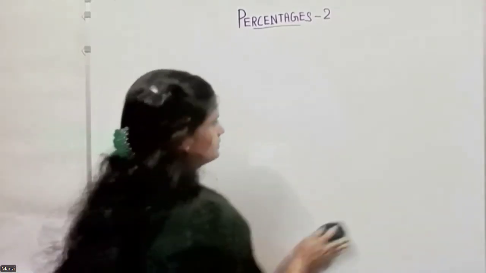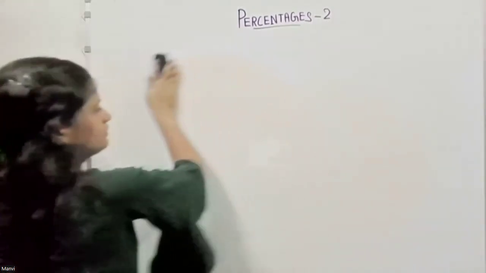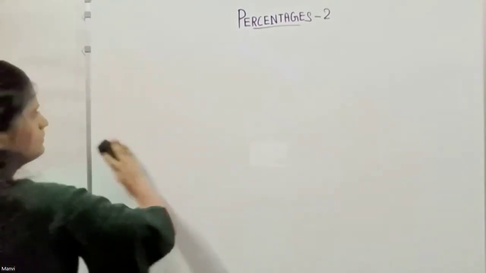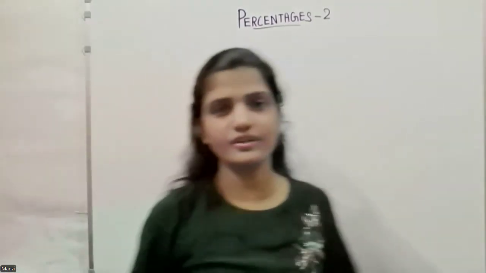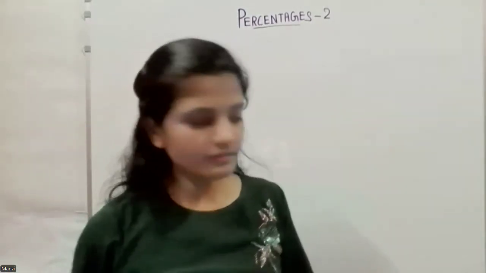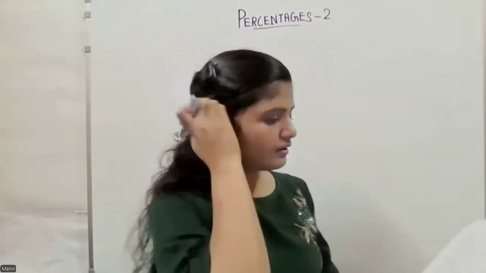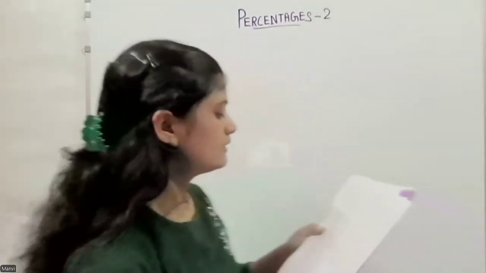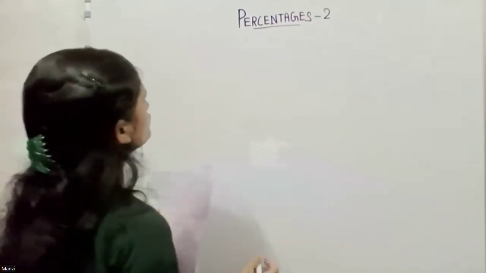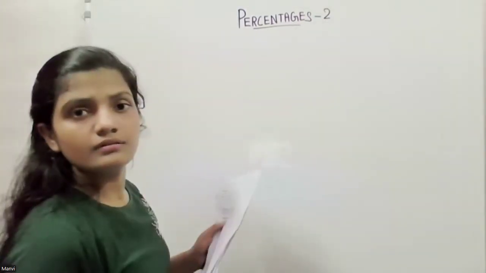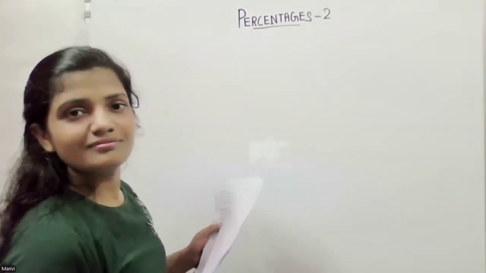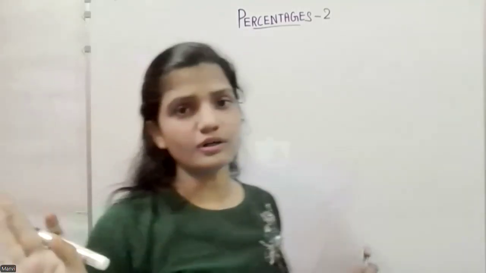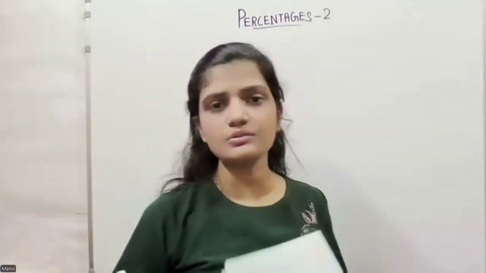Otherwise, it's fine. Can we do more, please? Okay, we can do. So you don't want to do the next topic? You want to continue here? No, we can go to the next topic. I'm okay with it. You are comfortable with this increasing, decreasing amount?